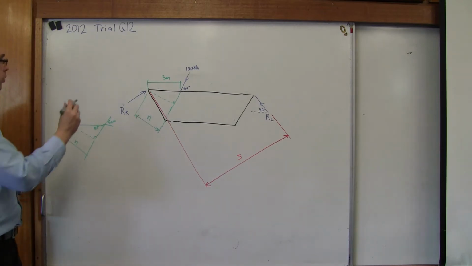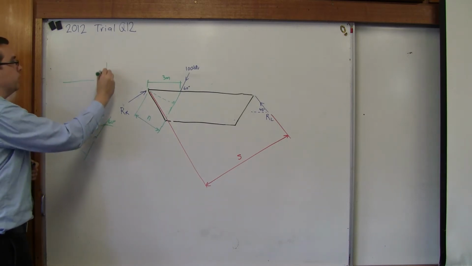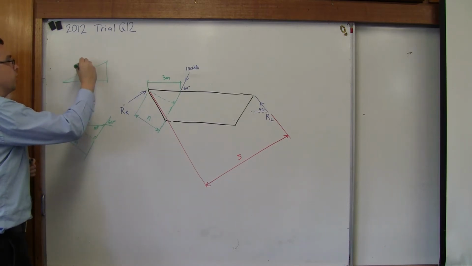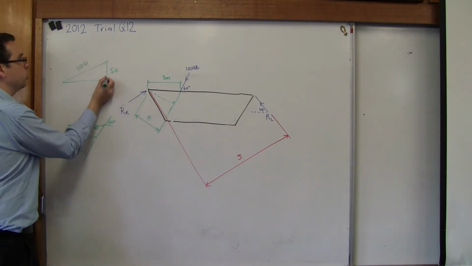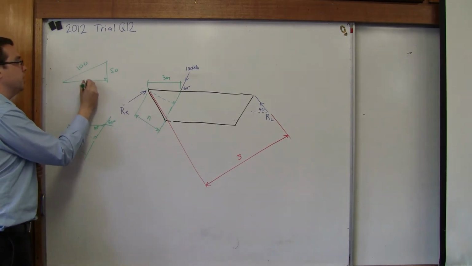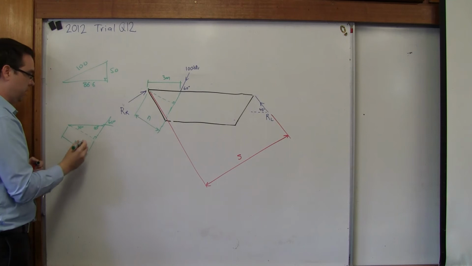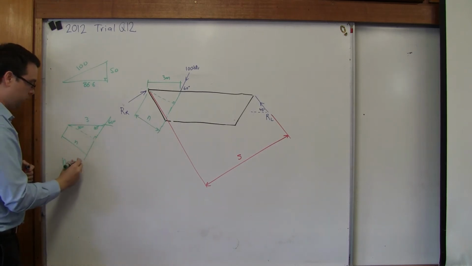If we look at that, it's a 30-60 triangle, and we know that with any 30-60 triangle, if the hypotenuse is 100, the smaller side is going to be 50. You should be very familiar with that by now. That means this side here is going to be 86.6% of that. So if this is 3, then n is going to equal 3.